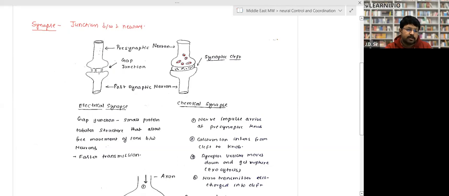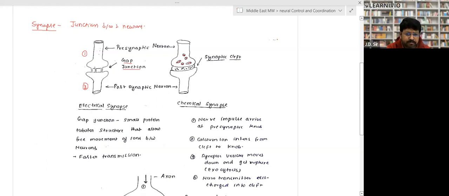So this is the synapse, right? Electrical synapse. In electrical synapse, what will happen? This is the presynaptic neuron, and this is the postsynaptic neuron. Between these two neurons, there is a joint that is called gap junction. Gap junction is made up of protein, a small tubular structure that allows the movement of ions between the neurons.